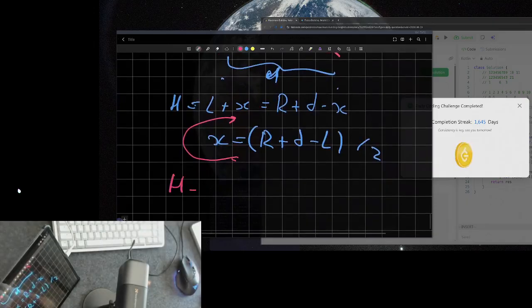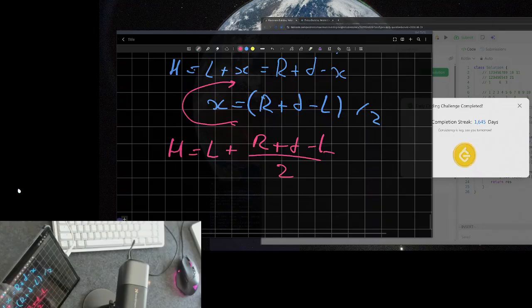Then we have h equal to left plus this one, so it's r plus d plus l, divided by 2.